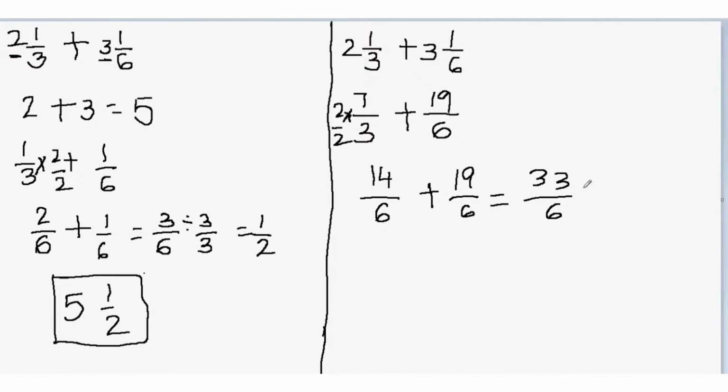Let's think about the next number, which is 3. Now, 33 is divisible by 3 and 6 is also divisible by 3, right? So we're going to divide this by 3 on top and also on bottom so that we don't change the value of the fraction.